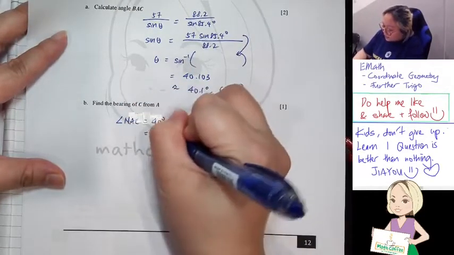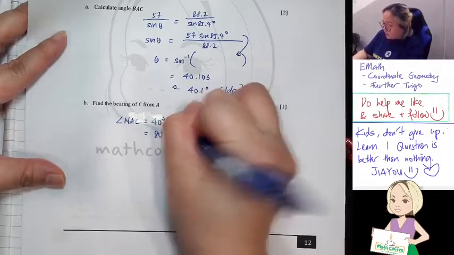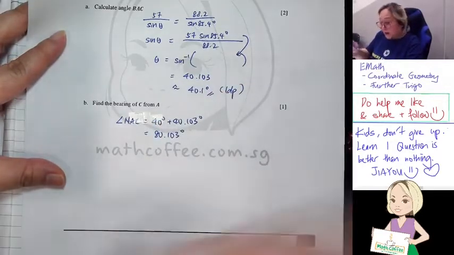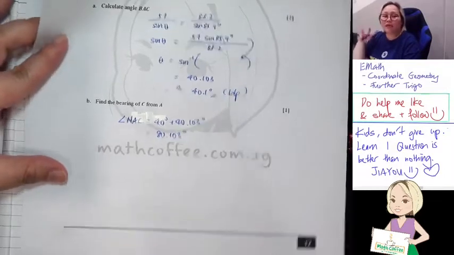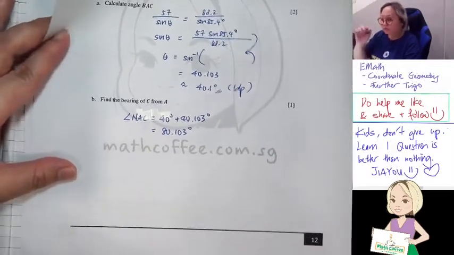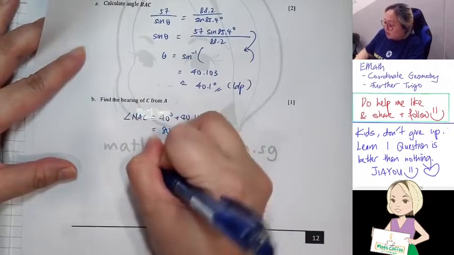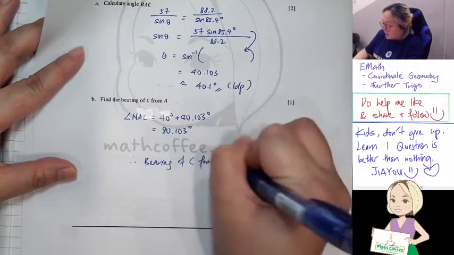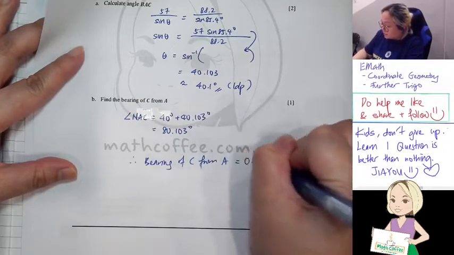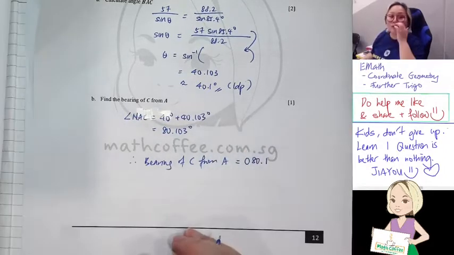So you get 80.103 degrees. Okay. Bearing, take note, it must be 3 digits. If you don't have 3 digits, for this case 80 is 2 digits, you have to put 0 in front. So you will say, therefore, bearing of C from A equals 080.1.